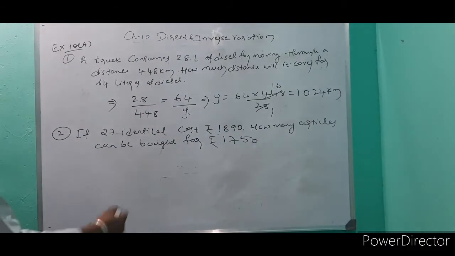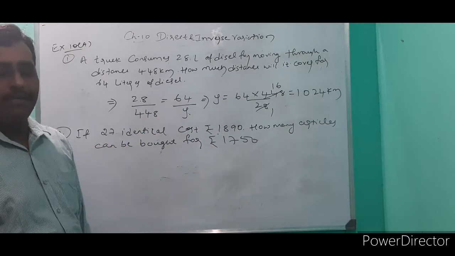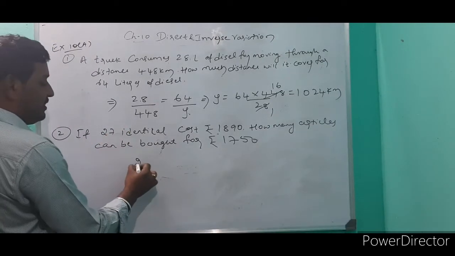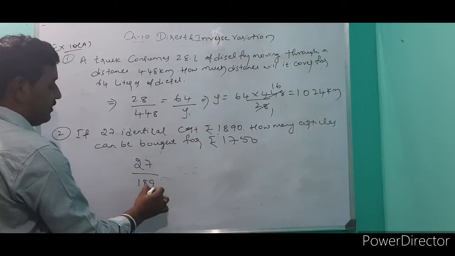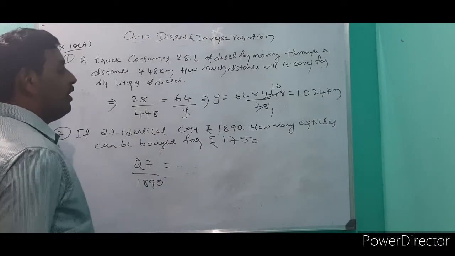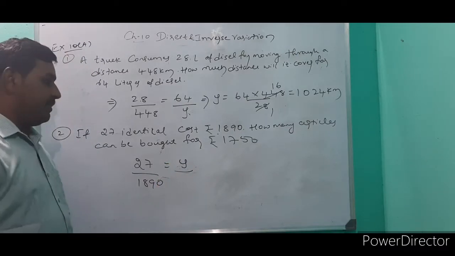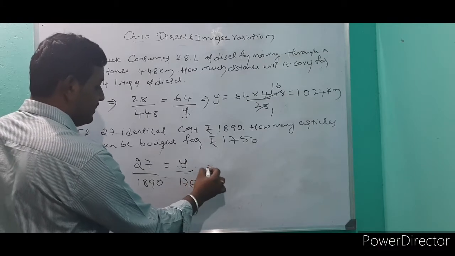Here, look at this, it is all direct. The number of articles is increasing means the cost is also increasing, so it belongs to direct variation. For 27 articles, how much does it cost? 1890. For how many articles, you can put y or any variable x. The cost given is 1750.